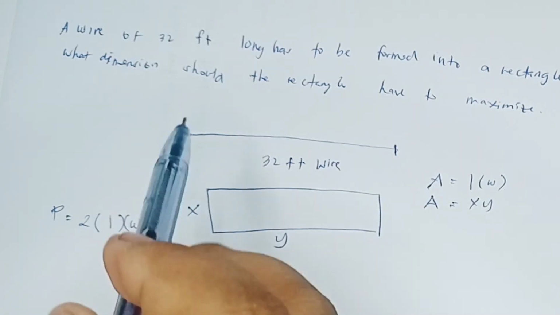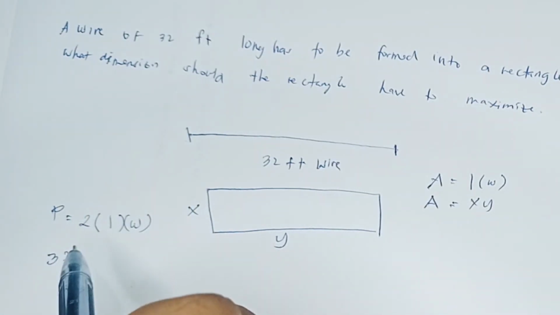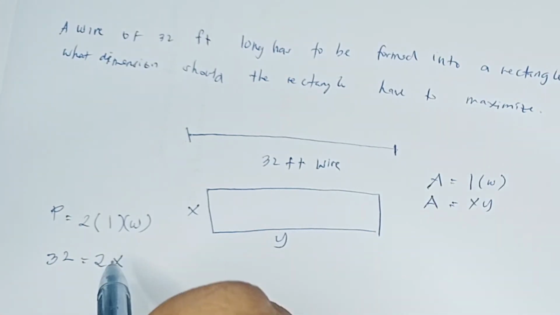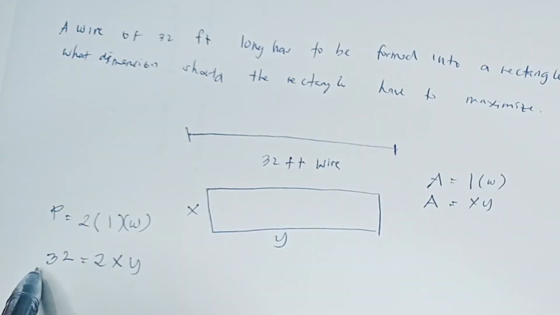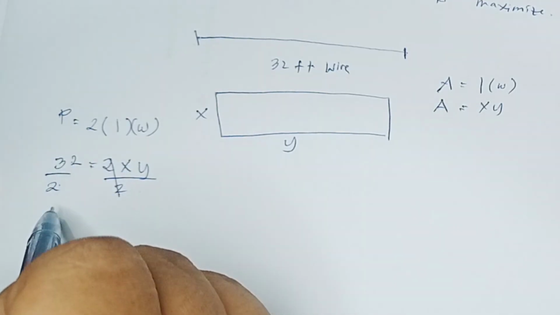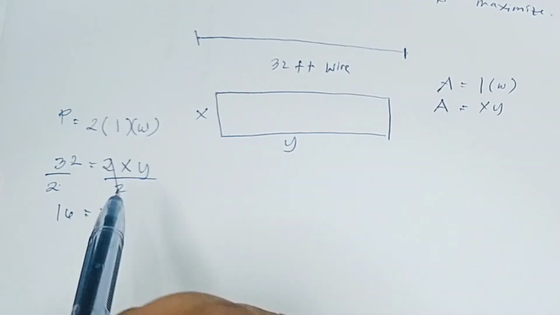Let's say the perimeter would be the 32 feet long wire, equal to 2 times x plus y. What we'll be doing is to divide both sides by 2. 32 divided by 2 is equal to 16, equal to x plus y.